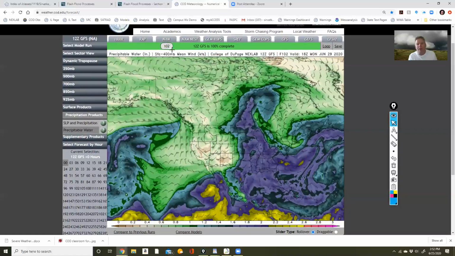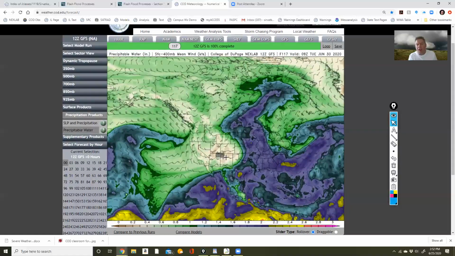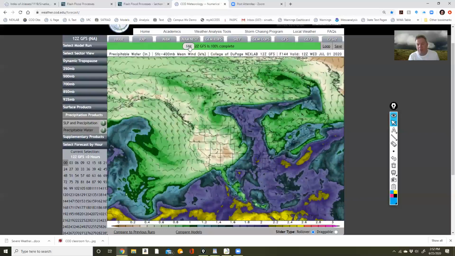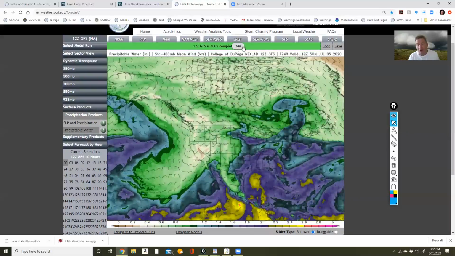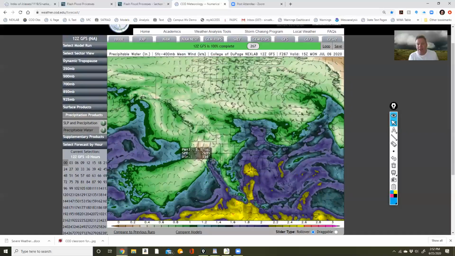Okay? So we see the PWATS, and then we kind of go forward, and we're staying very humid and moist for a couple of days. Look at how dry it is in the southwest. Okay, so the dry continental tropical air and the maritime tropical air that's going all the way up to Hudson Bay. Lots of precipitable water. Okay, and you can see how it just kind of moves all over. Now look at this in Arizona.